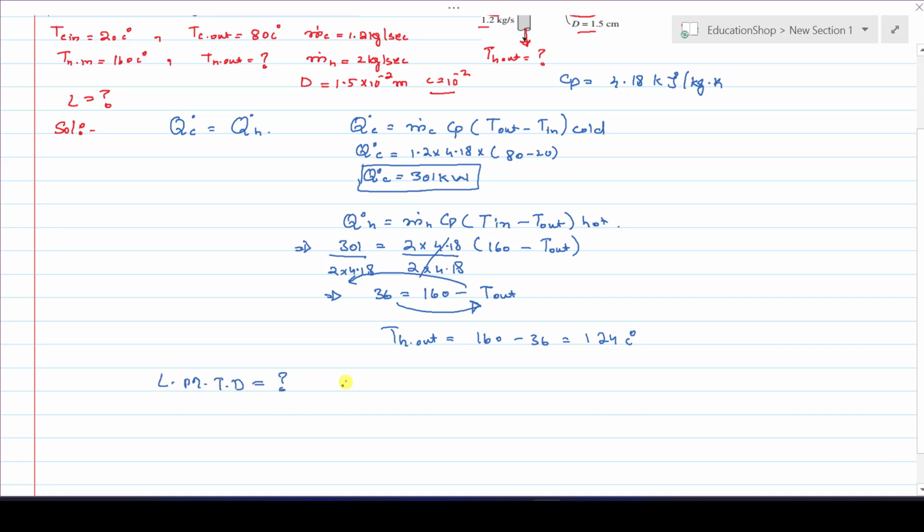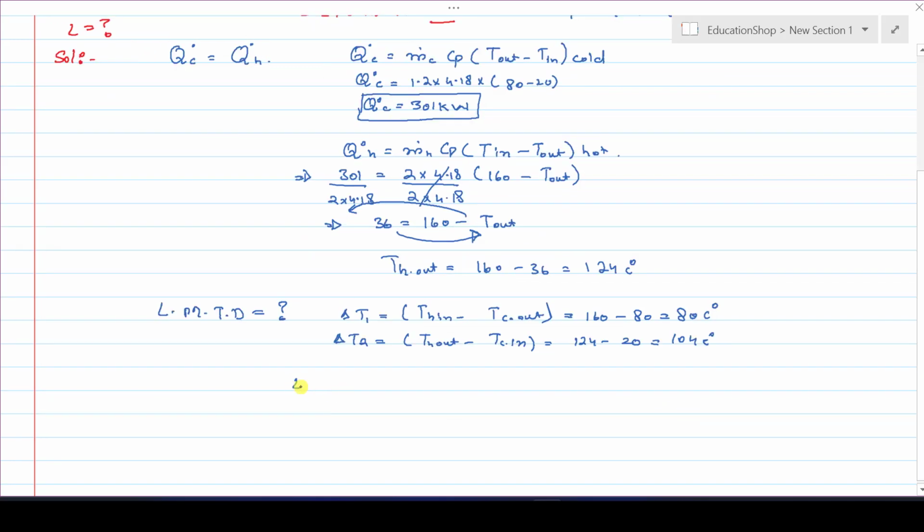Next we need to find the log mean temperature difference. For this, first we find delta T1, which is equal to T hot in minus T cool out. Hot inlet temperature is 160 and cool outlet temperature is 80, so it is 80 centigrade. Now delta T2 is equal to T hot out minus T cool in, that is 124 minus 20, which gives 104 centigrade.